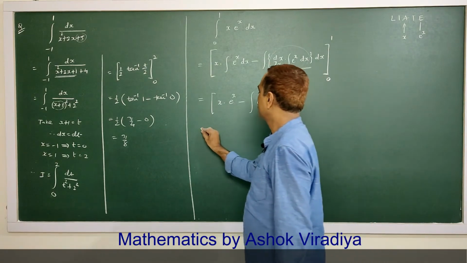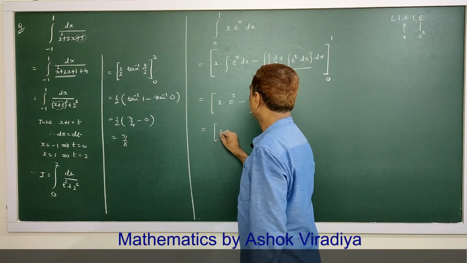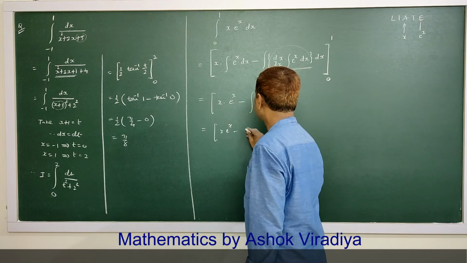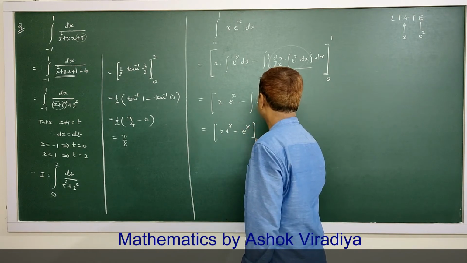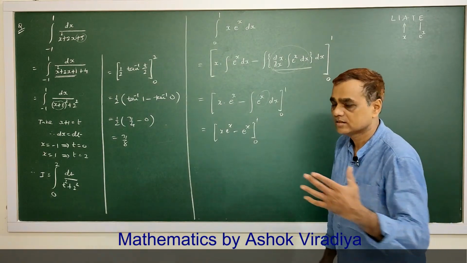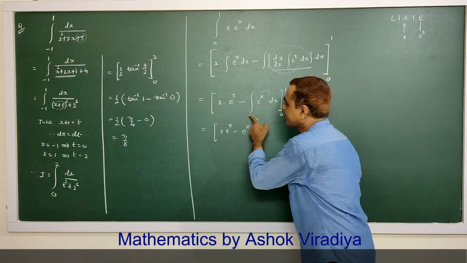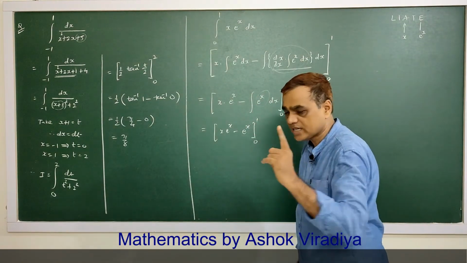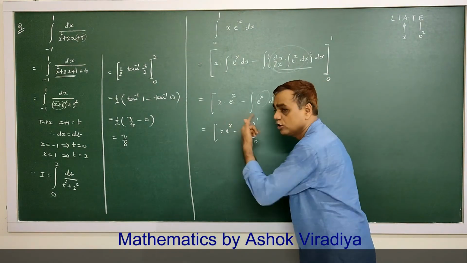So it is equal to x into e raised to x minus e raised to x, 0 to 1. Now at last, when the final symbol of integration is removed, you keep upper limit minus lower limit.